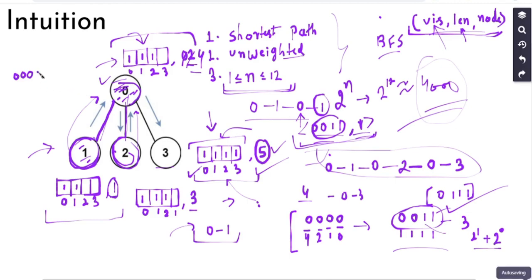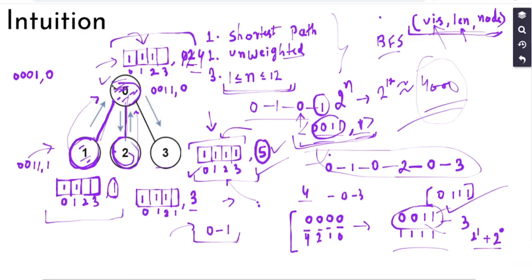The pair at this position would be 0 0 0 1, and 0 will be the node here. Then I move to adjacent node number 1. The pair would be 0 0 1 1 and 1. Now I traverse 0 again. The pair would be 0 0 1 1 and 0 as the ending node. That means I am representing the 0 1 0 path.